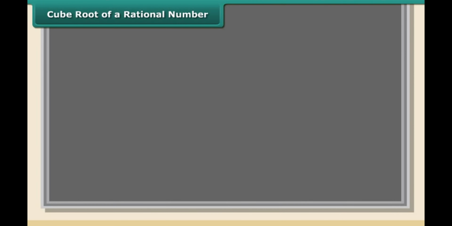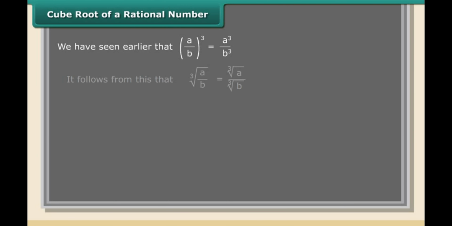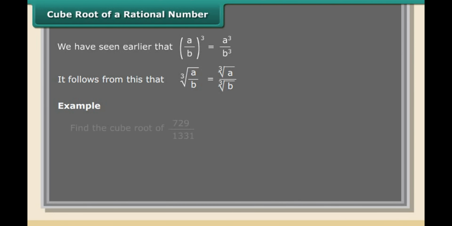Cube root of a rational number. We have seen earlier that A upon B whole cube is equal to A cube upon B cube. It follows from this that cube root A upon B is equal to cube root A upon cube root B. Example, find the cube root of 729 upon 1331. Solution.